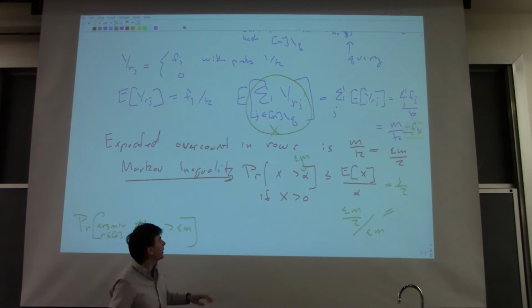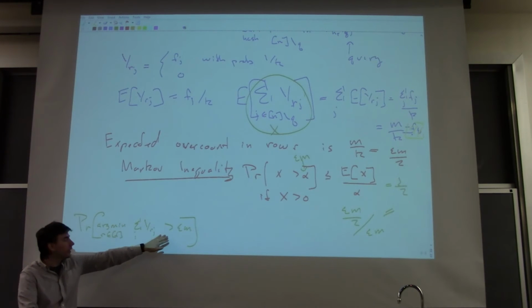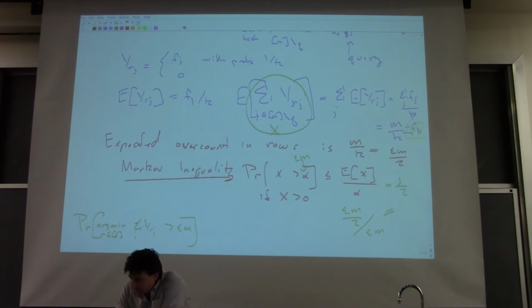If the minimum, meaning all of them, are greater than epsilon m, because they're independent, this is going to be less than 1/2 to the power t. And remember, t was equal to log base 2 of 1 over delta.